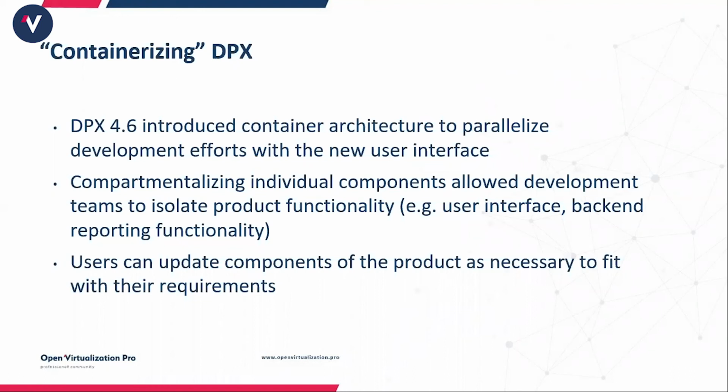We've been through different user interfaces, from a fat client to a Java client to a web client, and now we're moving towards this HTML5 Angular client that needs to work with our backend databases and our backend modules. So we're compartmentalizing those components to communicate with the DPX backend that will also be compartmentalized within containers.